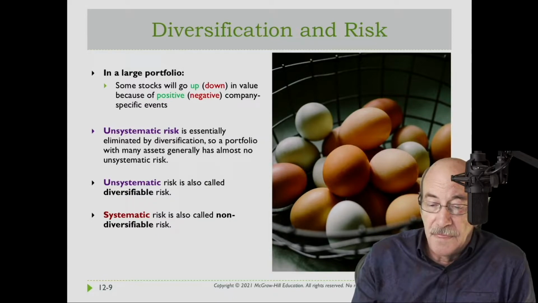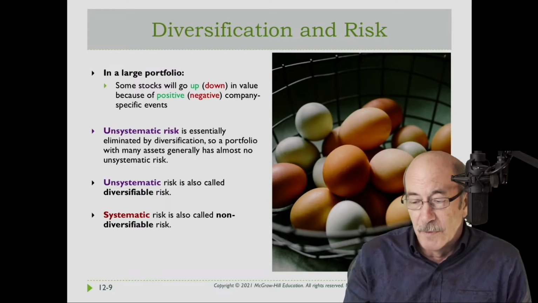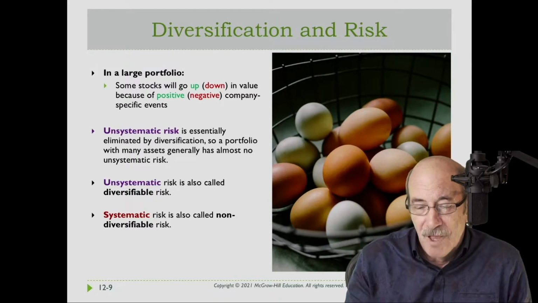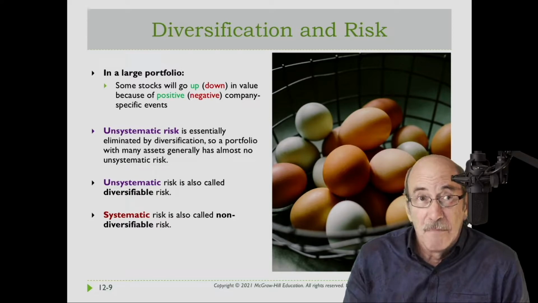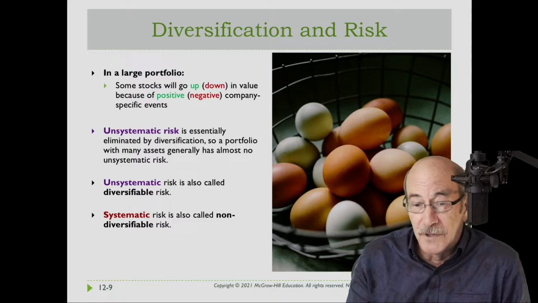The idea that this diversification and risk, the idea that when we diversify, we are not putting all of our eggs in one basket. We diversify by having many baskets of eggs so that if we drop one, it doesn't crack all of the eggs that we have.